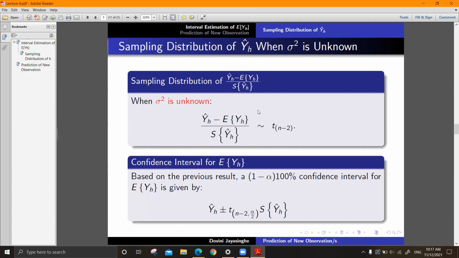So if we know the sampling distribution of a particular quantity, we are capable of constructing a confidence interval, right? So based on previous results, the 1 minus alpha 100% confidence interval for this expected value of Y_h, right? So this is the same, right?